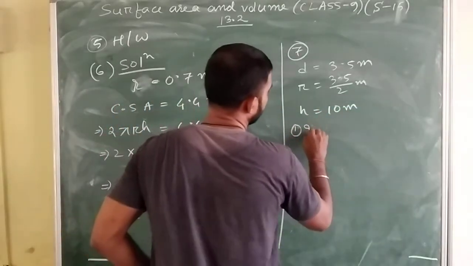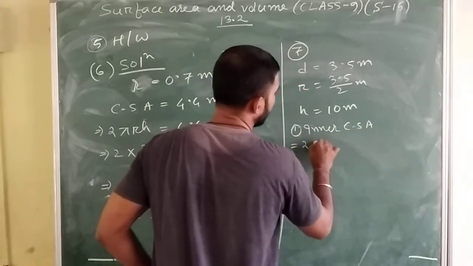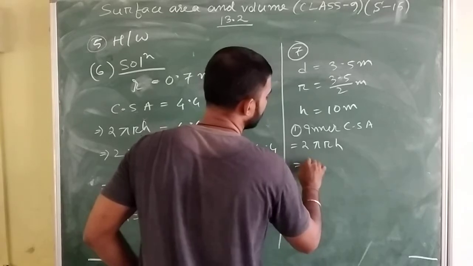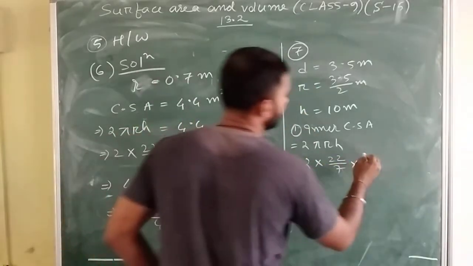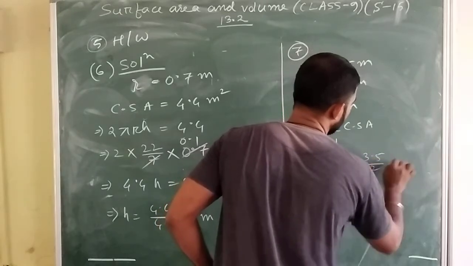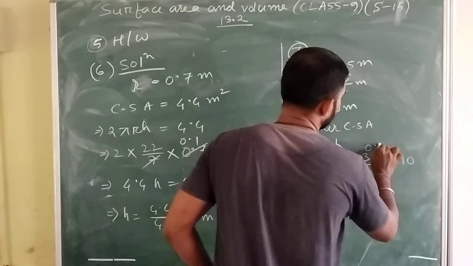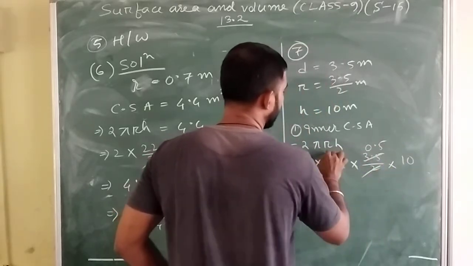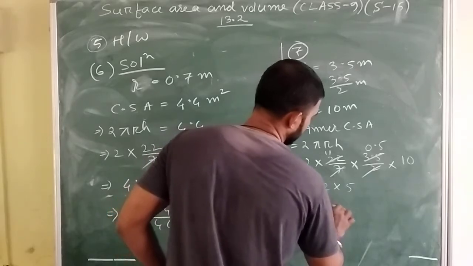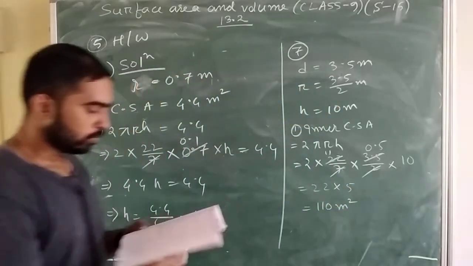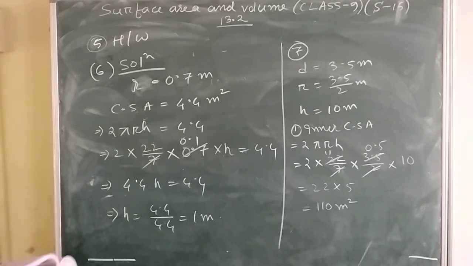Inner CSA equals 2 pi RH. 2 into 22 by 7, what is R? 3.5 by 2. What is H? 10. So 22 into 5 equals 110 square meter.